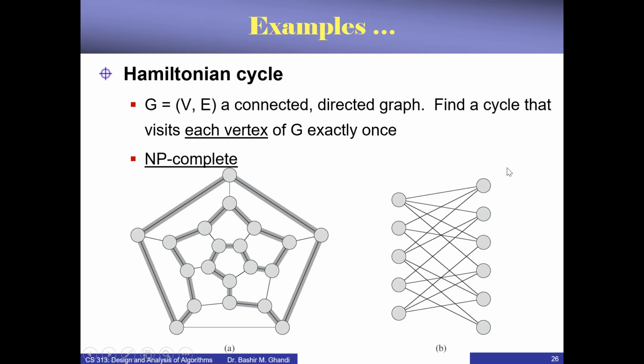Another example related to Hamiltonian cycle is a bipartite graph. What does bipartite graph mean? It is a graph whose vertices you can group into two groups. So here we have one group here and another group here, such that all the edges are going from one part to another.